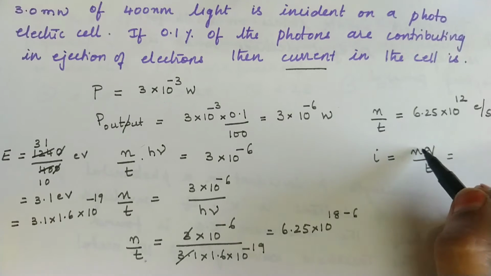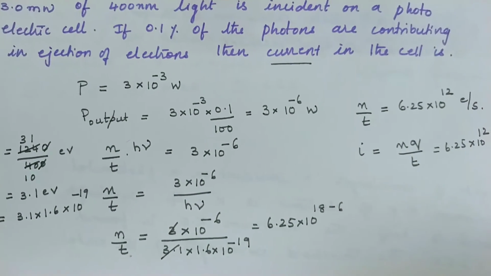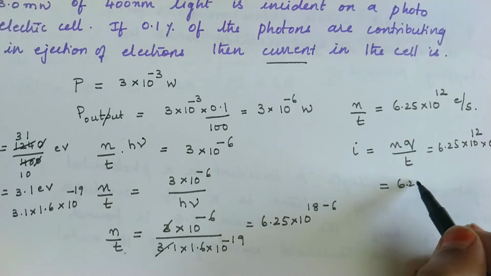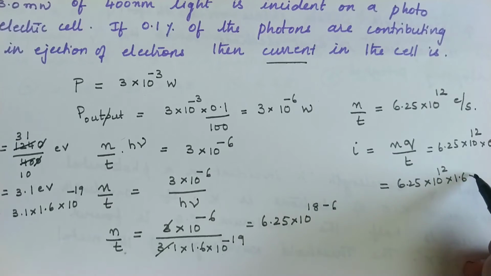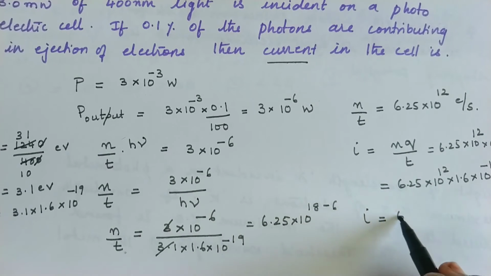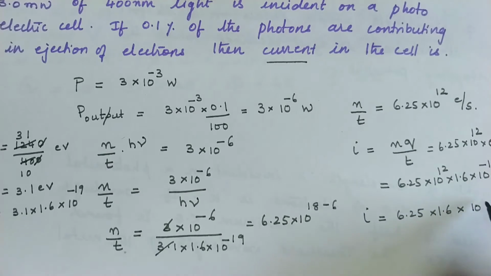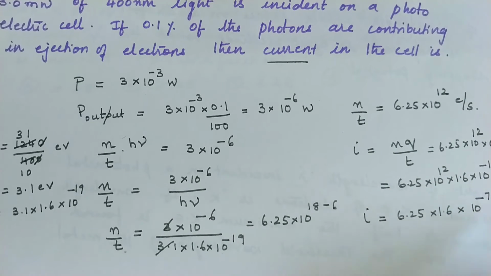Okay, we know the charge of electron. N by T is 6.25 into 10 power 12 multiplied with the charge of electron. Here I will write it's 6.25 into 10 to the power 12 into 1.6 into 10 to the power minus 19. So current comes out to be 6.25 into 1.6 into 10 to the power minus 7 ampere.